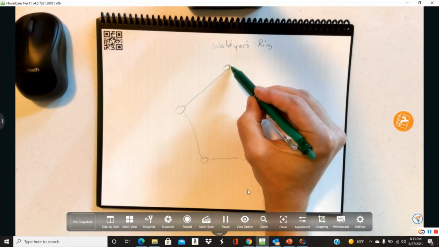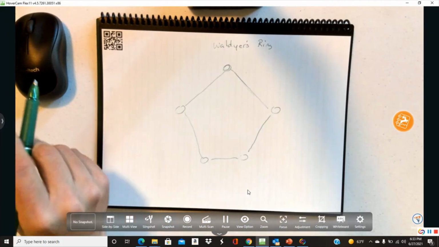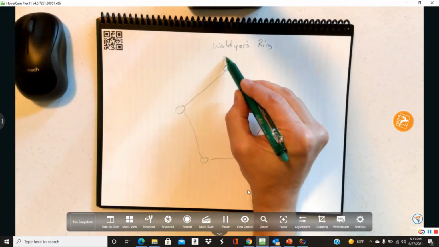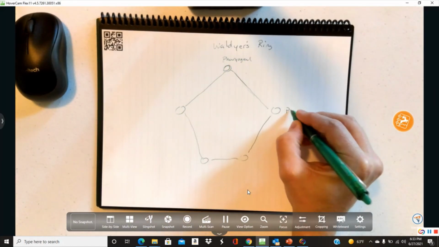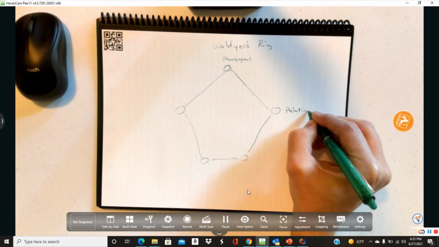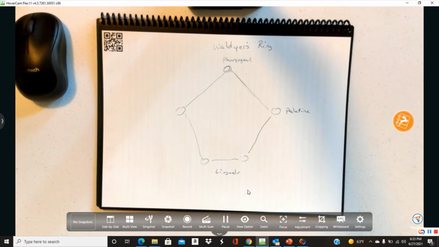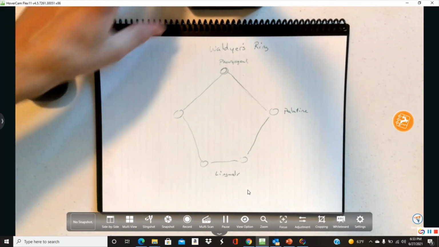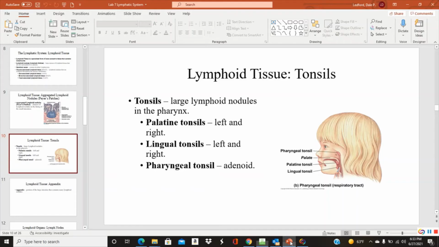So you have at the top here your adenoid, the upper one, the adenoid or pharyngeal tonsil. Then we have our two palatine, and then we have our two linguals at the bottom. And this forms a ring we call Waldeyer's ring. In lecture, that's what you'll hear me call it. But they form this kind of structure.